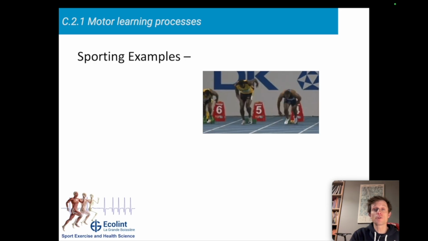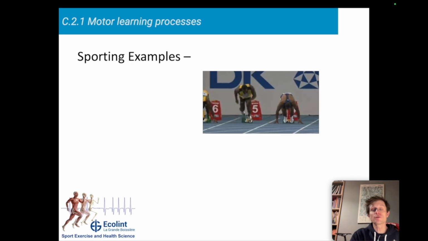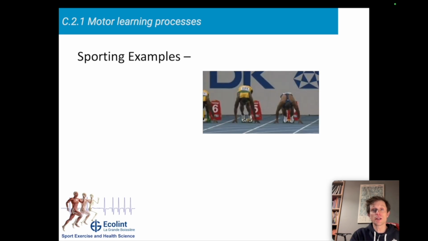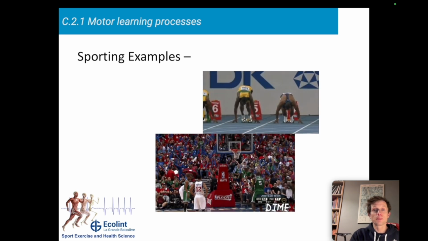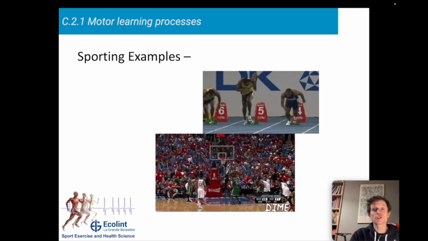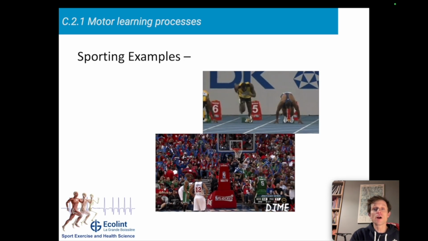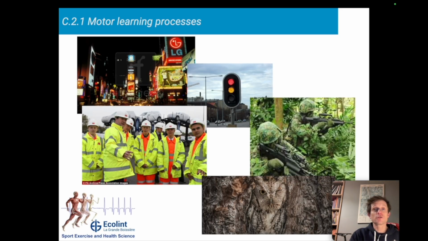This is a good example of where somebody might be expecting to hear a stimulus, and high levels of arousal might convince themselves that they've heard the initial signal. This, as we said, is an error of commission. We can also talk about how somebody, for example, performing a free throw in basketball might be distracted by the fans behind them. We can talk about the signal detection process in a number of different contexts.